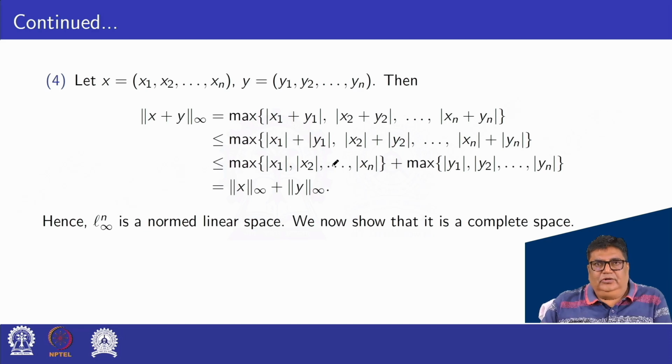So as per the statement, this can be written as norm x infinity plus norm y infinity. So norm x + y is less or equal to norm x plus norm y. Hence L infinity n is a normed linear space. Now we show that it is a complete space.